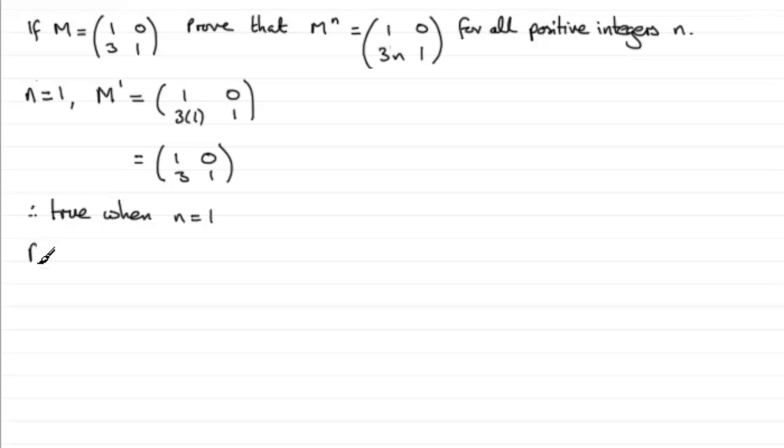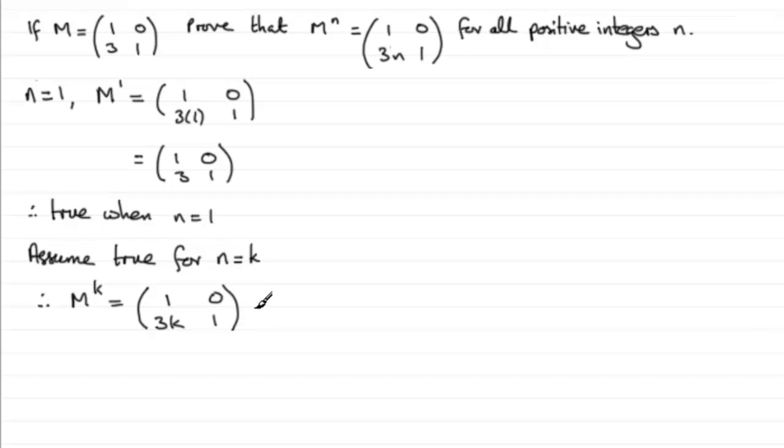So we can say that it's therefore true when n equals 1. Now we go on to assume that it's true for n equals some positive integer, let's say we call it k. And on that basis, we've therefore got M to the power k equals, if we come up here, letting n equal k, the matrix [1, 0; 3k, 1].